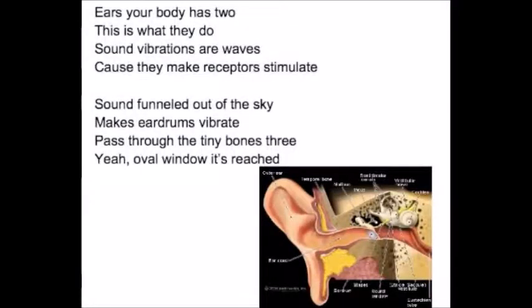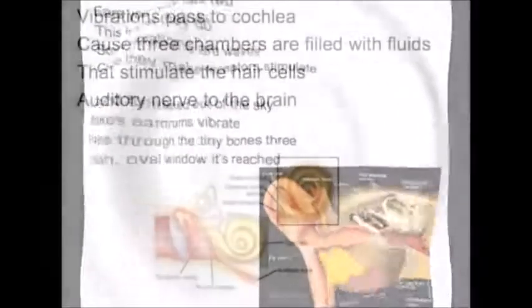Ears, your body has two. This is what they do. Sound vibrations are waves, cause they make receptors stimulate. Sound funneled out of the sky makes eardrums vibrate. Pass through the tiny bones three. Over window it's reached.